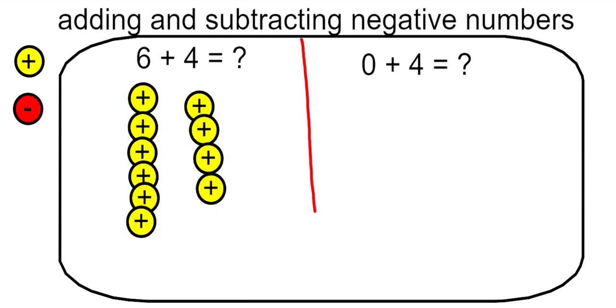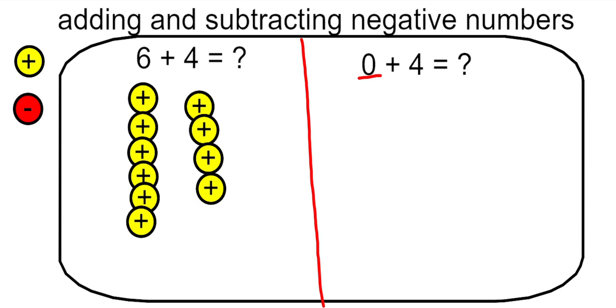So let me go ahead and draw a line in between these two so that we can differentiate what we're working with. We're going to start with 0. Our initial number is 0. Since 0 is not a number, we're going to start with nothing.